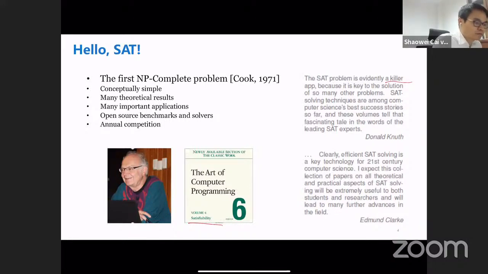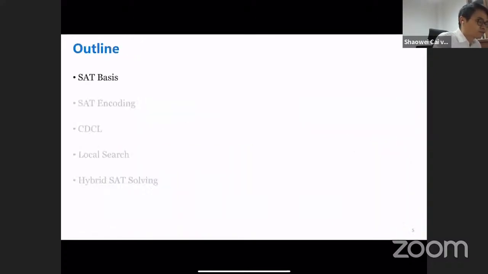And also the Turing Award winner, Clarke, says that efficient SAT solving is a key technology for 21st century computer science. So these are some quotations.